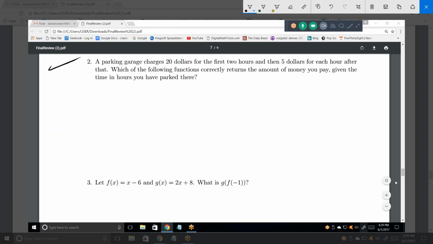Let's let x equal the number of hours that you park. Okay? Always the first step in a word problem is to define your variables, and I mean define them. Put exactly what they mean.